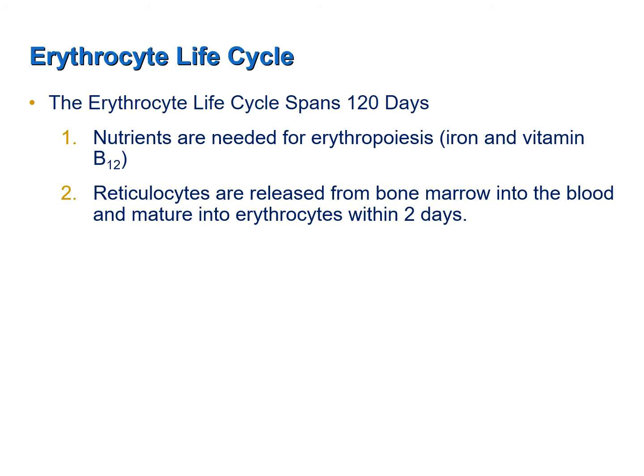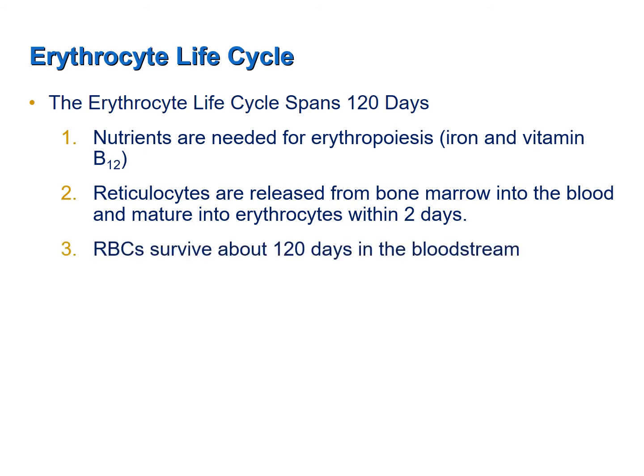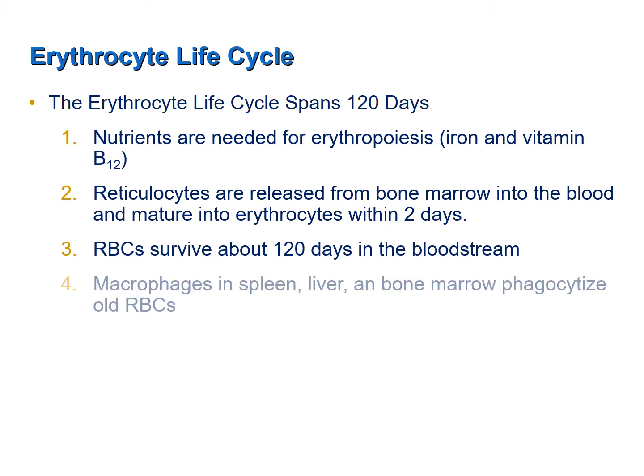Red blood cells, over time, due to their high velocity journey through the bloodstream, are beaten and battered, and without the ability to repair themselves, these cells die within about 120 days, and they're disposed of by macrophages in the spleen, the liver, and the bone marrow.